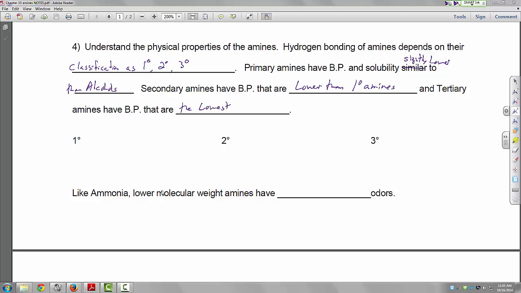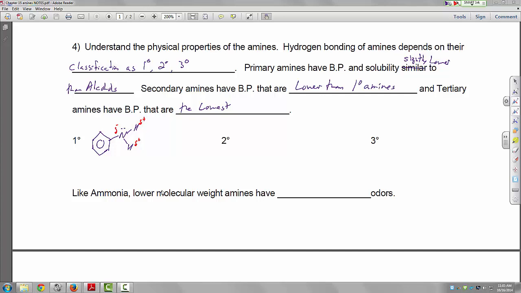So again, primary amines, let's use aniline. It's a big benzene ring here, but it's still a primary amine. And it has two hydrogens. The nitrogen is more electronegative than the hydrogen, so it's going to have a partial negative. The hydrogens are partially positive.